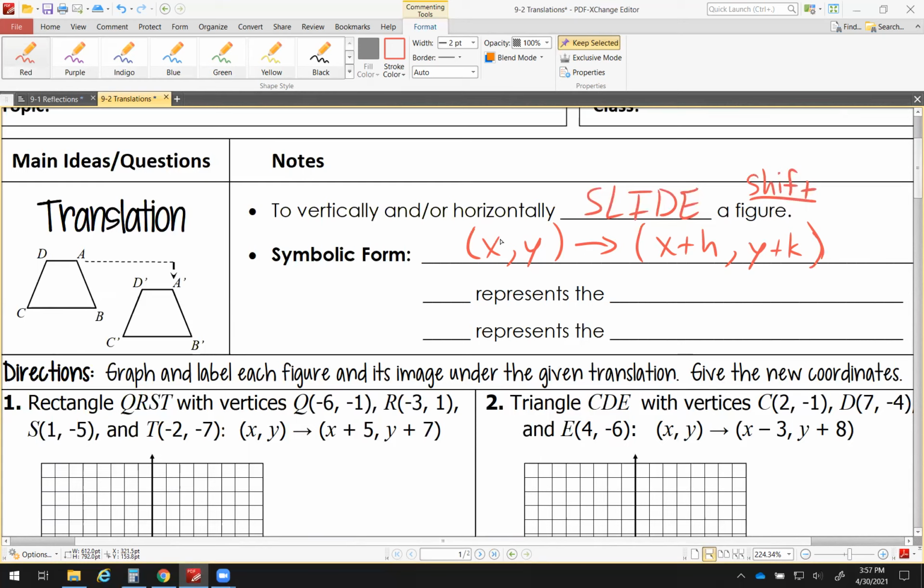What this means is that the x coordinate is going to be added onto by some certain value h. So h represents what is known as the horizontal shift, and k represents the vertical shift.